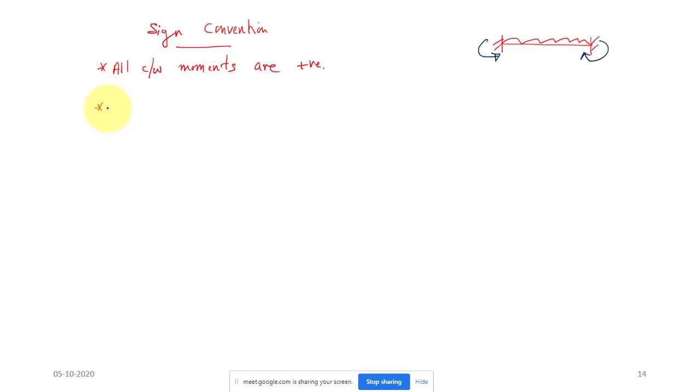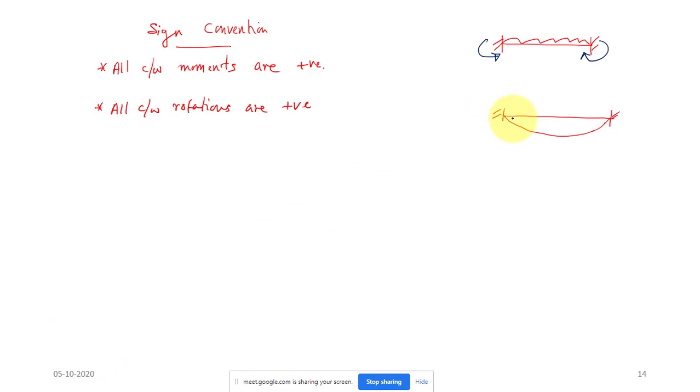And similarly for rotation, all clockwise rotations are positive. That means suppose you have a beam, it may not be a fixed connection, there may be some other joint, so there may be some deformation like this. In this case, what is your slope?